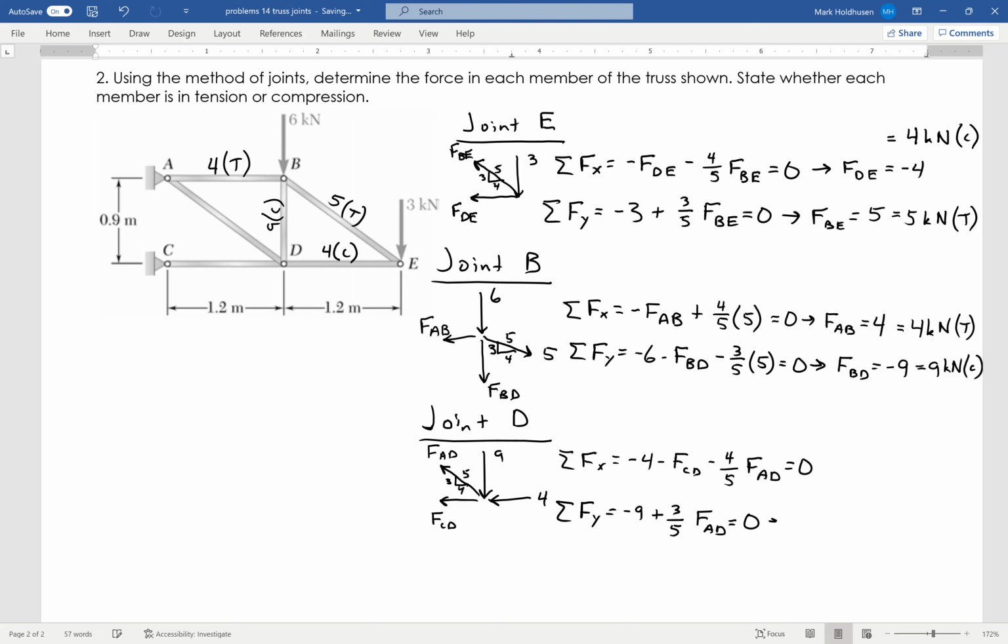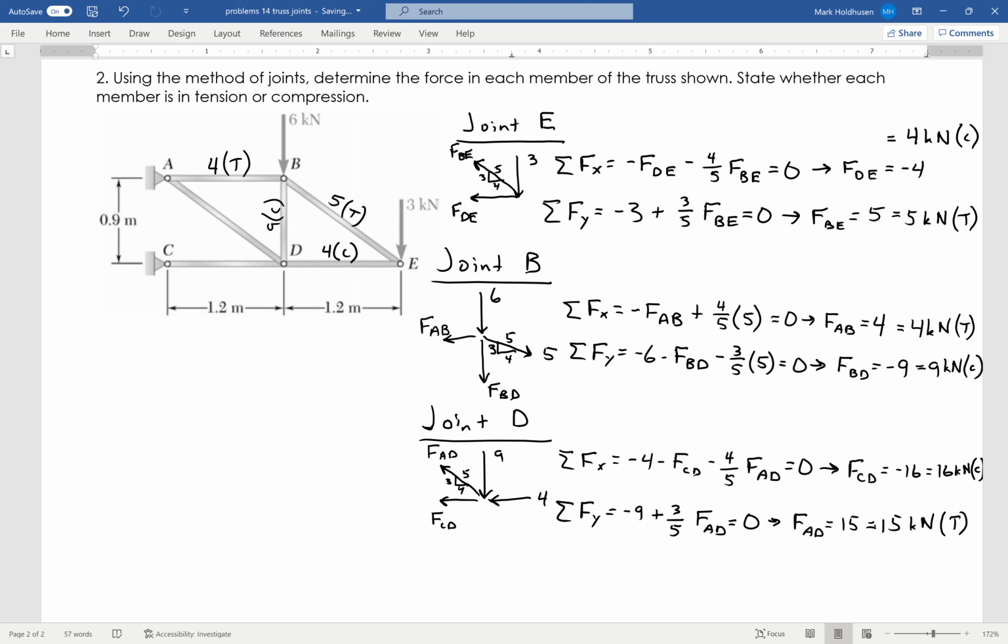So from this, I learned that FAD equals 15. Plugging that 15 up above, I can solve for FCD, and I get FCD equals -16. So that negative means 16 kilonewtons in compression, and the 15 is positive, so that's 15 kilonewtons in tension, which solves everything out.